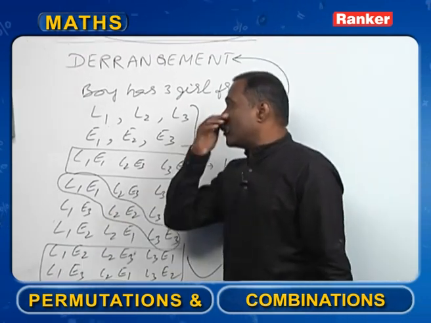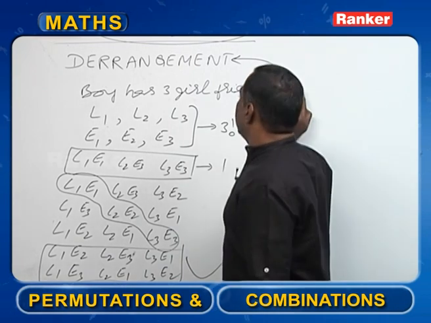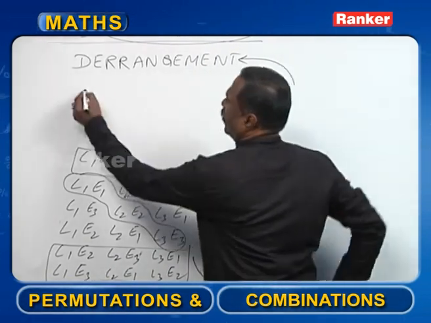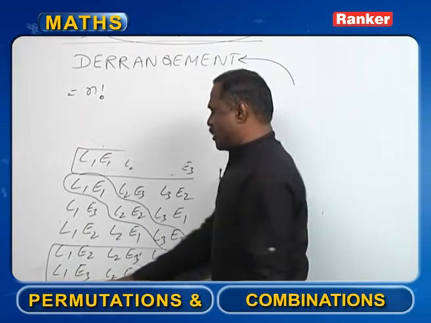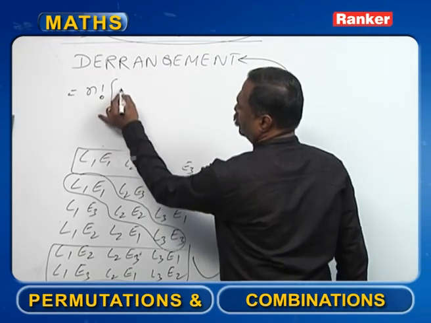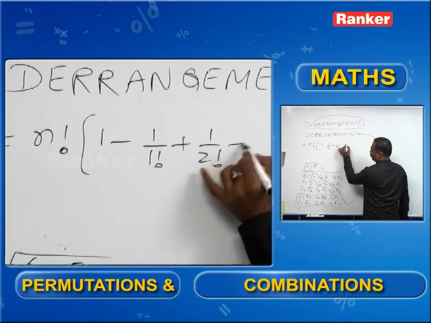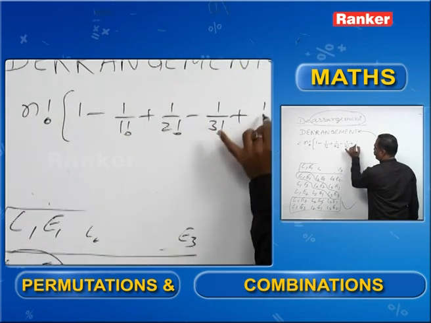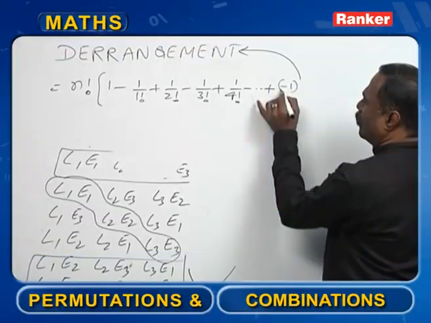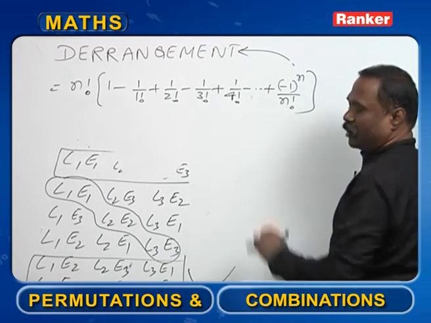This is nothing but the de-arrangement. So, for the de-arrangement of the things, you have a direct formula. If n addressed envelopes and n letters are there, then de-arrangement is nothing but n factorial into 1 minus 1 upon 1 factorial plus 1 upon 2 factorial minus 1 upon 3 factorial plus 1 upon 4 factorial minus so on plus minus 1 whole power n upon n factorial is the general formula.